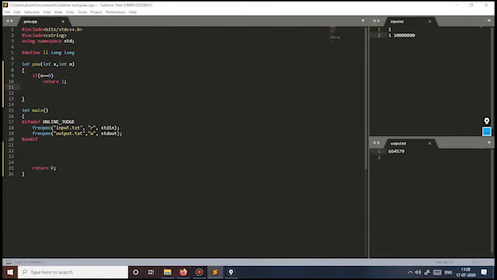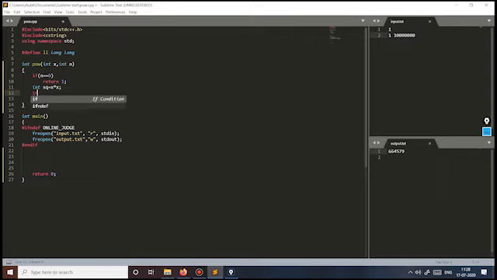Now we will calculate the square. So int square is nothing but x into x. This is nothing but x to the power n by 2 and then the square of that, so this is that part. Now we have the square.